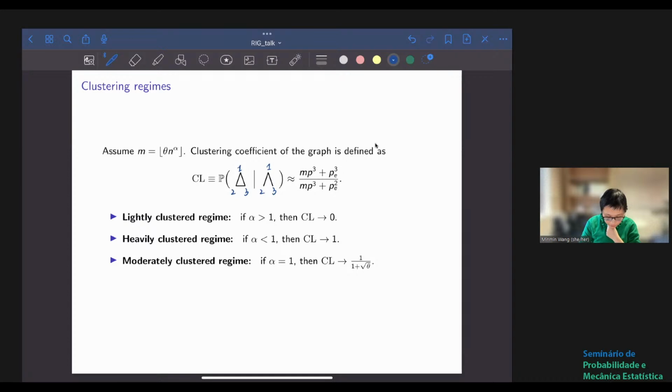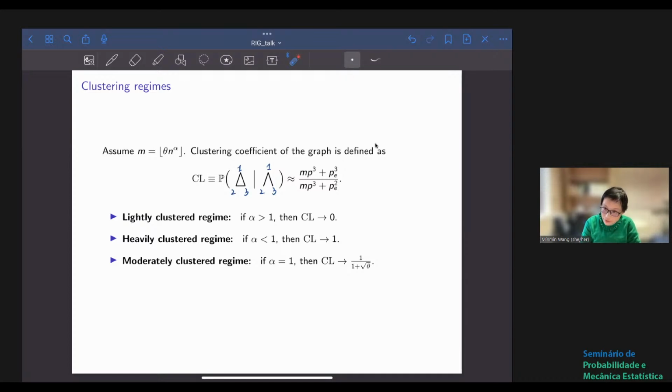In the case of the random intersection graph, this probability can be computed rather easily. Let's just see the case of the triangle, the numerator here. To have such a triangle, you can have two possibilities. Either all three of them belong to the same group.